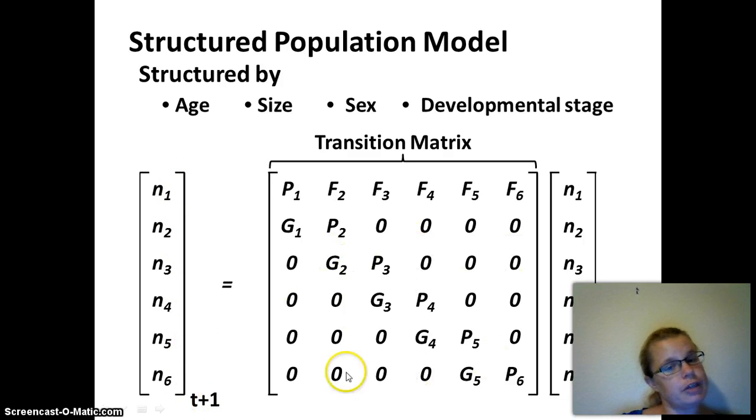We have this matrix that's the probability of transitioning from one stage to another for all the stages. And so you have the number of rows that matches the number of stages and the number of columns that matches the number of stages. And you multiply this matrix by the population vector at time t in order to get the population vector at time t plus 1.